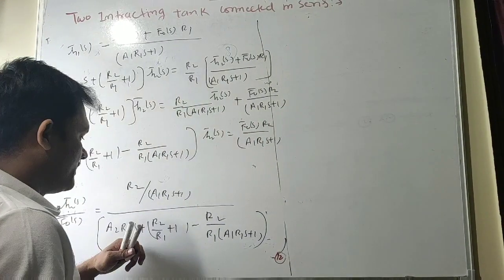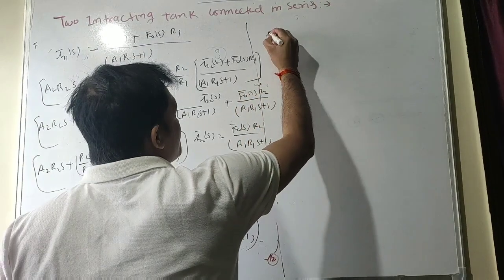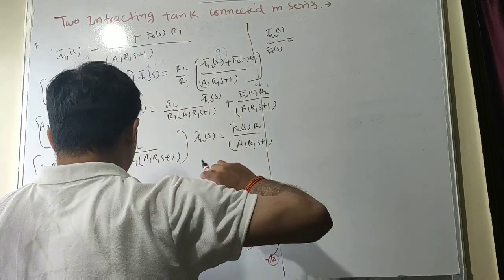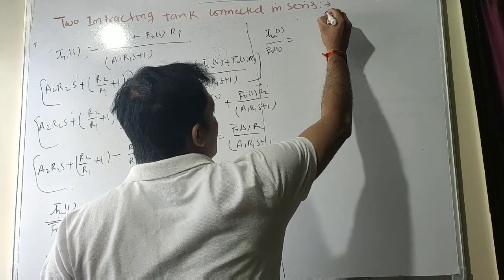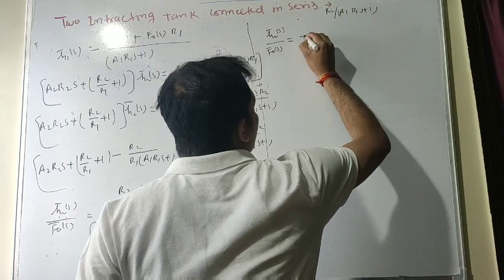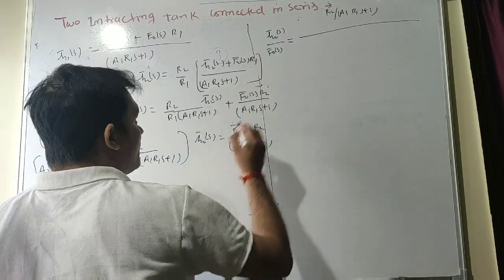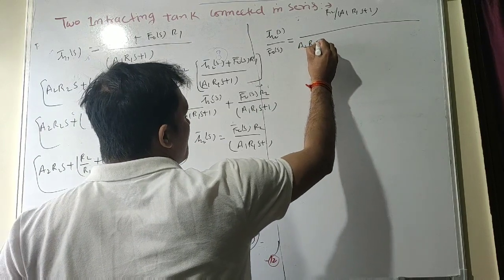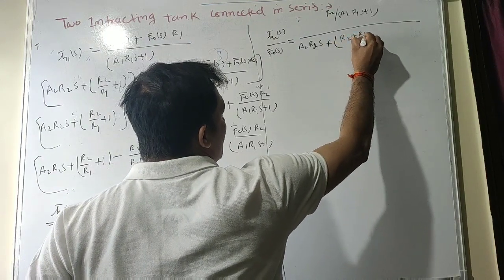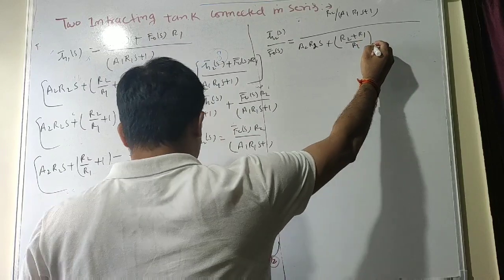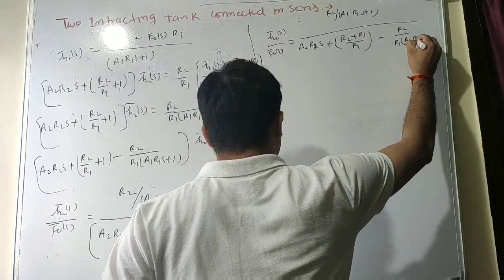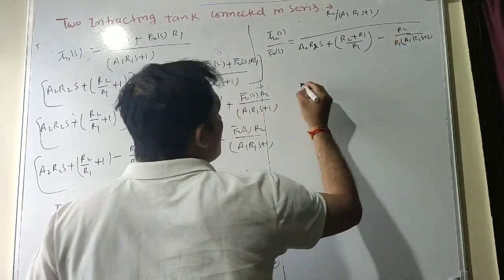Now on solving this, we will get H2 bar S upon F naught bar S equal to r2 upon a1 r1 s plus 1 divided by a2 r2 s plus, on solving it, r2 r1 upon r1 minus r2 upon r1 a1 r1 s plus 1.